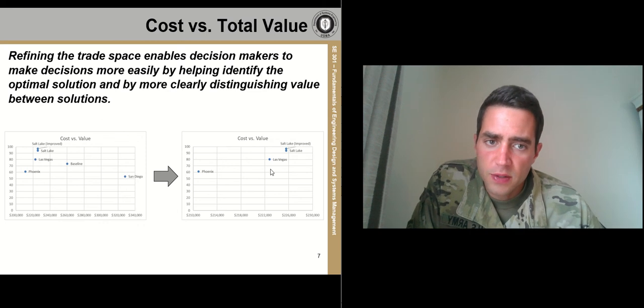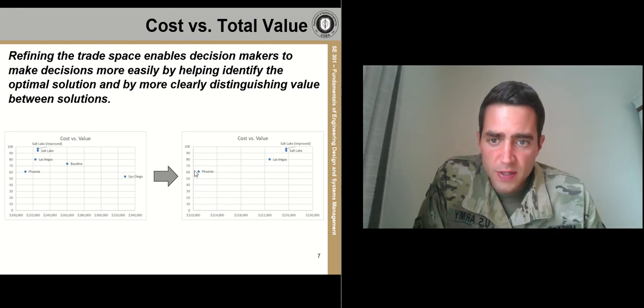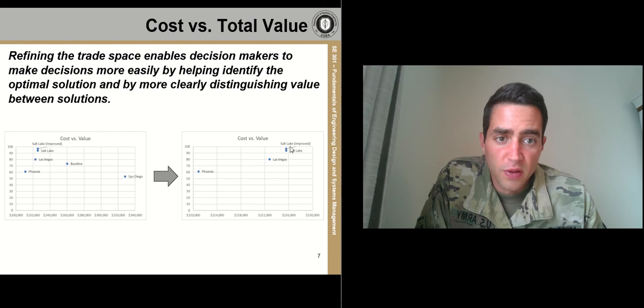So now this chart is what we can use as a more refined product to help the stakeholder make a decision. And this shows very clearly that although Phoenix might not have the best value, it is the least expensive, but Salt Lake has extremely high value for a little bit more money.